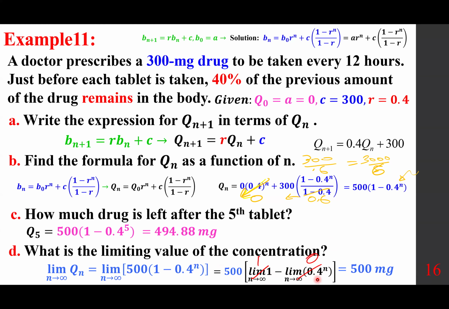So the answer is 500 milligrams, which means, therefore, regardless of how long the treatment continues, the drug concentration will never exceed the limiting value of 500 milligrams. And that means they have found it to be safe for the patient.